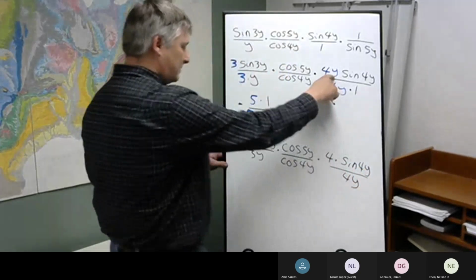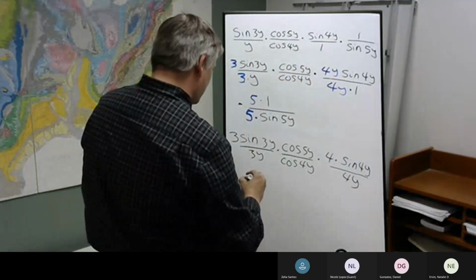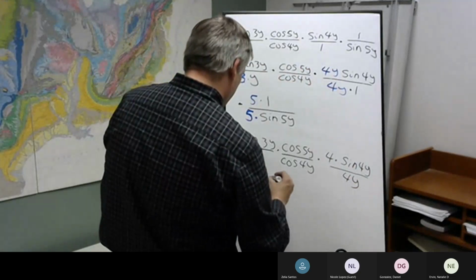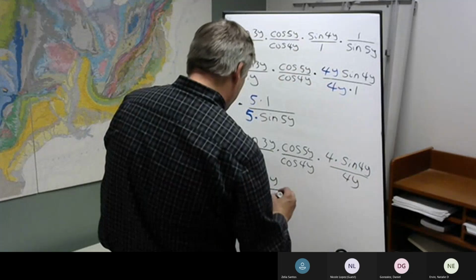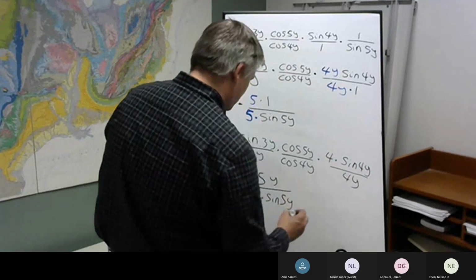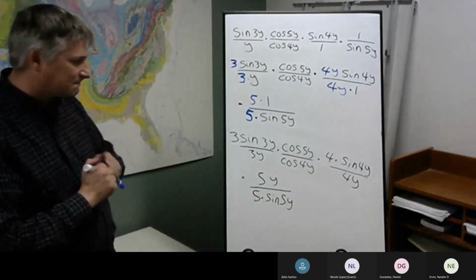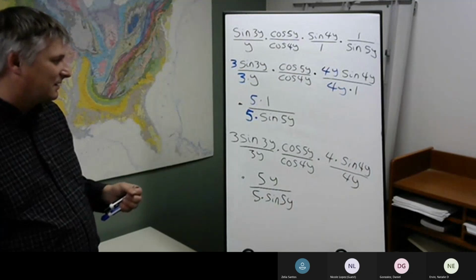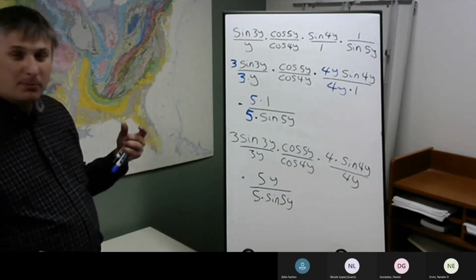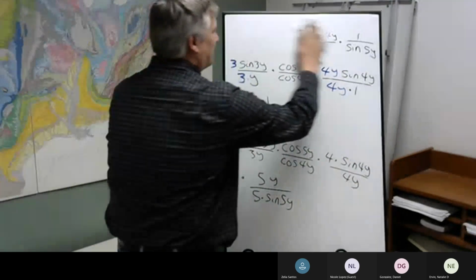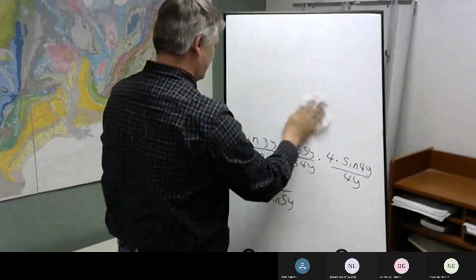And this y is going to be moved over to here to get 5y over 5 times the sine of 5y. Now there's a couple tricks we got to do. A couple more.